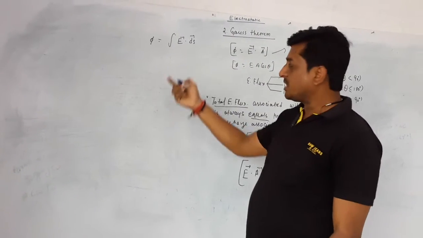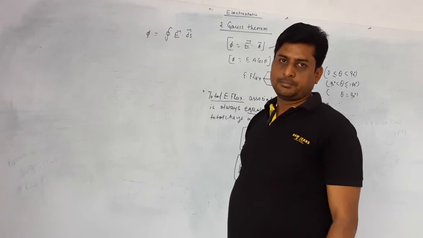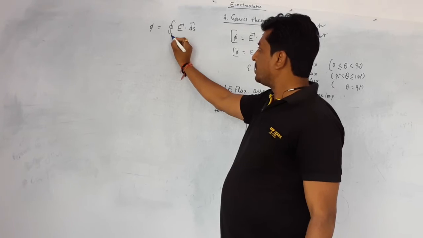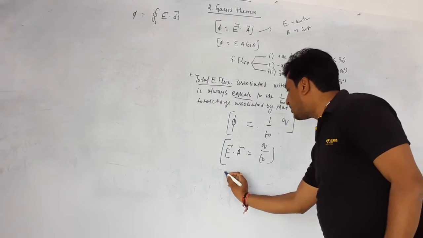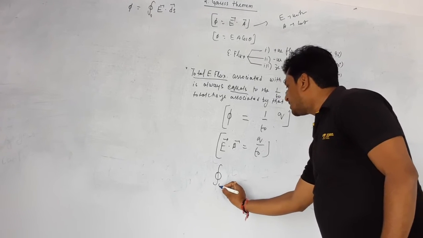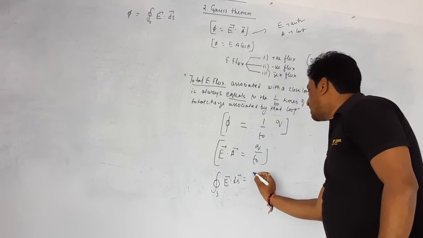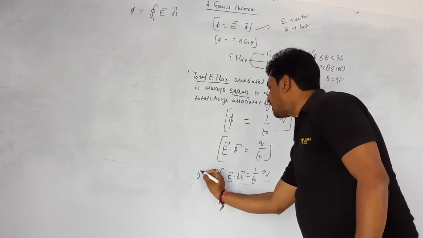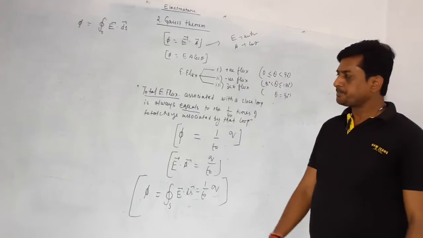And because the surface is closed, we use the closed symbol. And because it is surface integration, we put the S sign. Then the formula of Gauss theorem can be written in this form also. Closed surface integration of vector E dot vector ds is 1 upon epsilon naught times total charge q. This is phi. In this way you can define Gauss theorem.